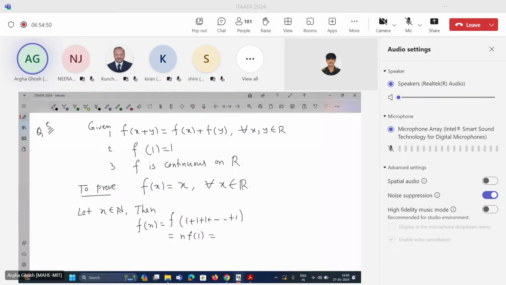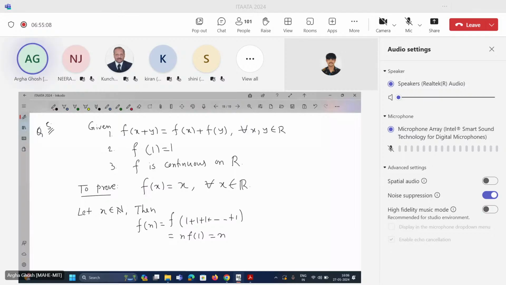Okay, so what about f of 0? As you said, it is 0. How to prove that f of 0 is 0?